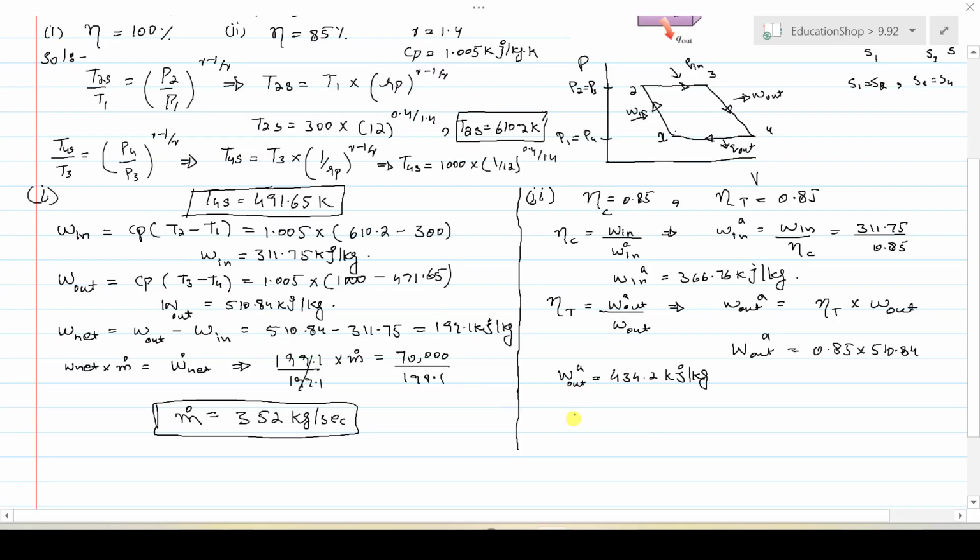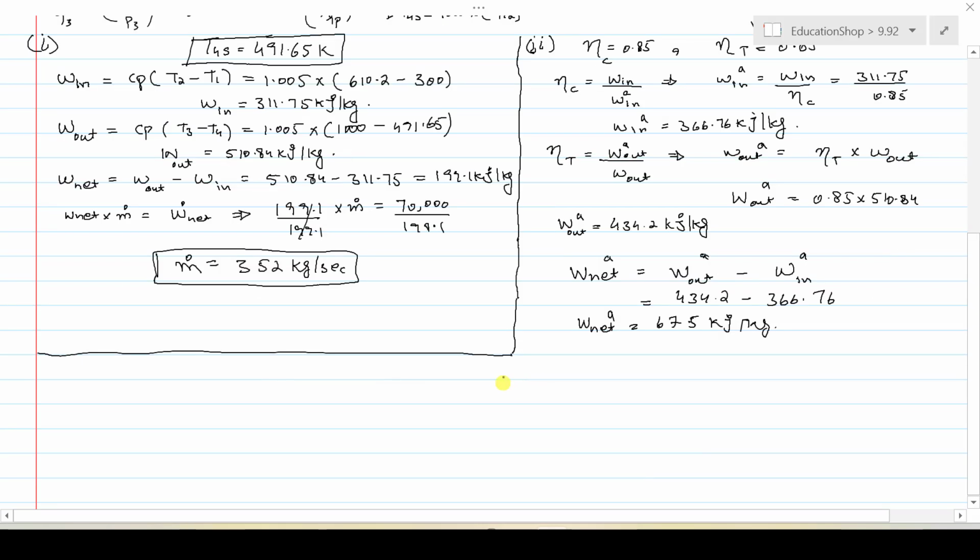Then the net actual work output. We need to calculate the mass flow rate in the second case, when the isentropic efficiency is 85%. The mass flow rate multiplied by the net actual work output gives the net power produced.